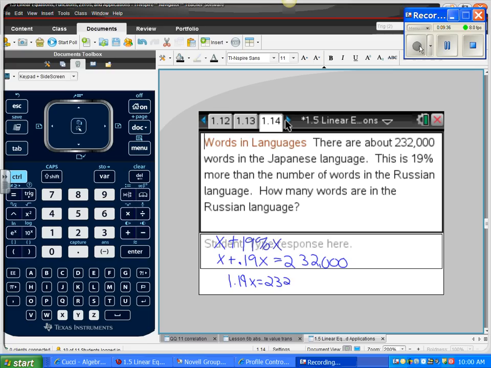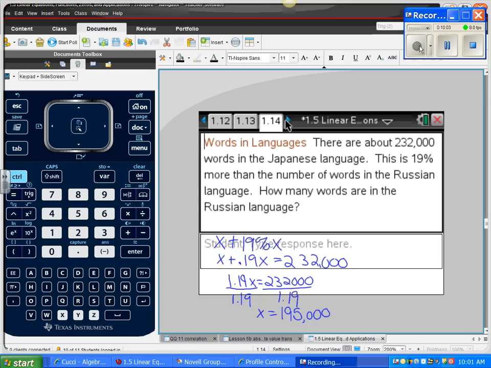It's 232,000. And we're going to solve for x, because x is our Russian language. Divide by 1.19, and we get x to be 195,000. Okay, so there's about 195,000 words in the Russian language.